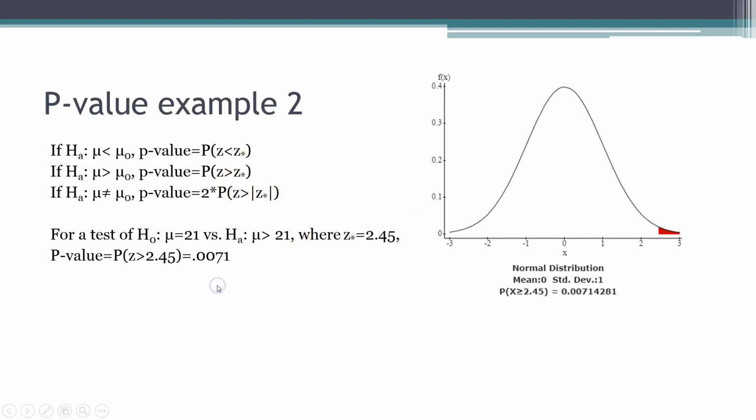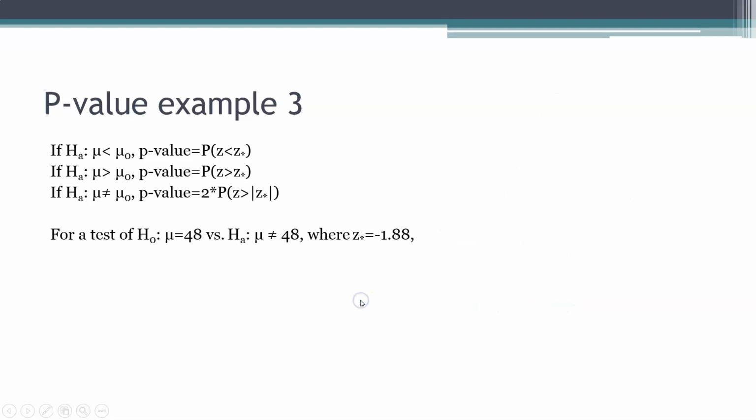So that means that our p-value is going to be the probability z greater than 2.45, just this test statistic. And if we plug that into StatCrunch, greater than 2.45, we get a p-value of 0.0071. And like I said, I'll explain in a separate video what exactly p-values are telling us. For right now, we're just going to focus on how to do them.